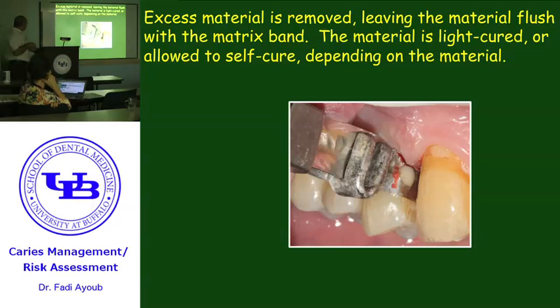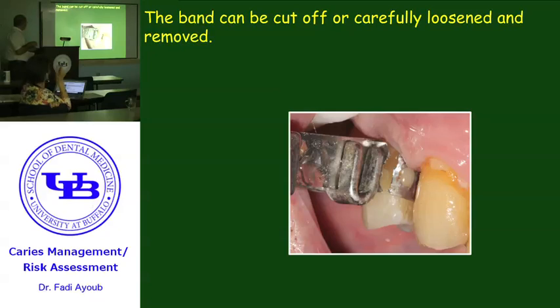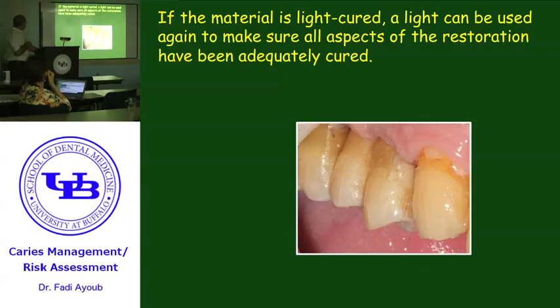Then you remove all the excess material, making sure it's flush with the band. Now the material could be light cured if it's Fuji 2, or it could be self-cured if it's Fuji 9, you just leave it. Then you want to remove the band. The best thing is to try to cut it and remove it, or you can loosen the band and try to remove it that way.